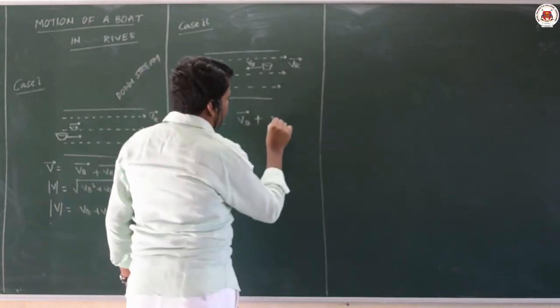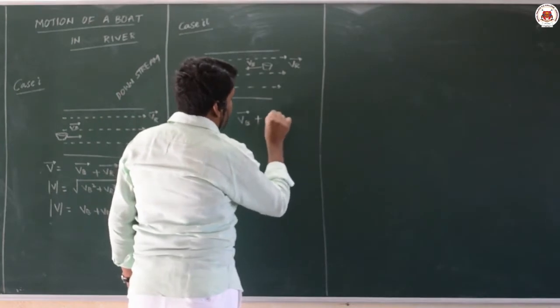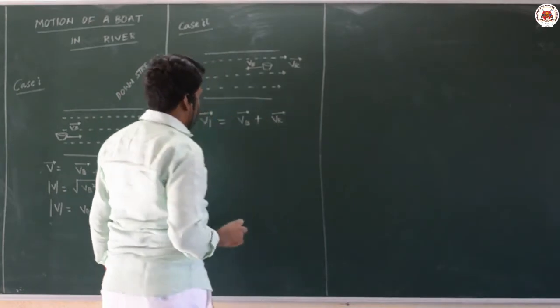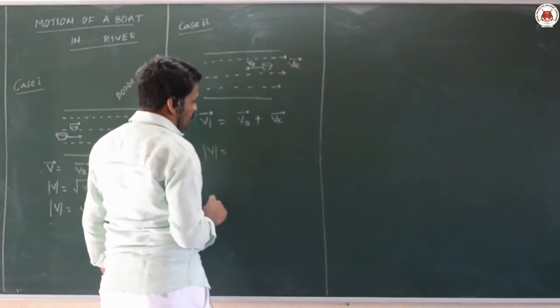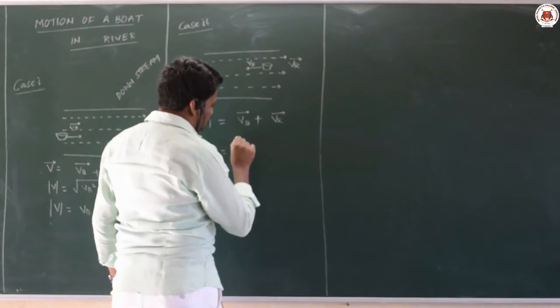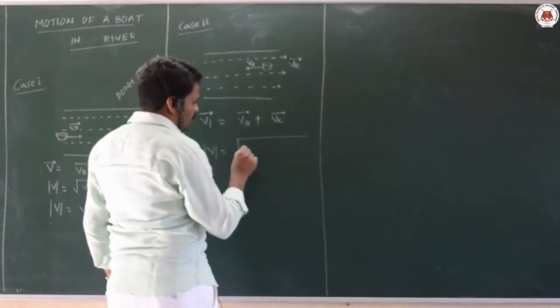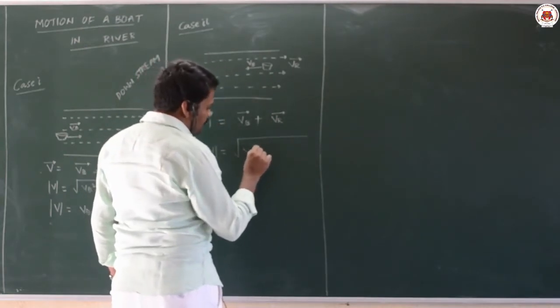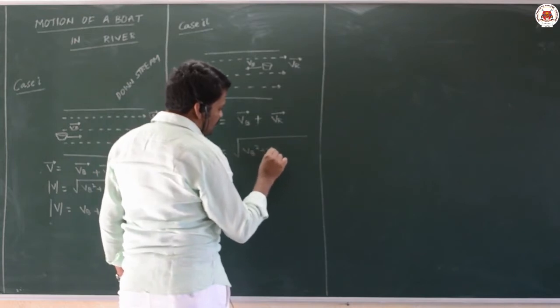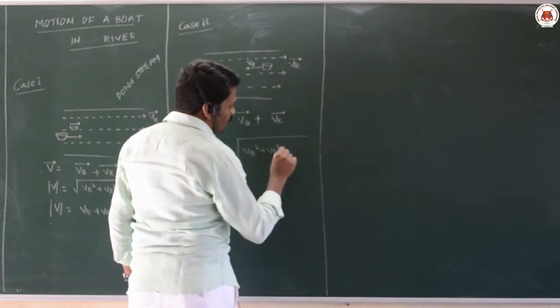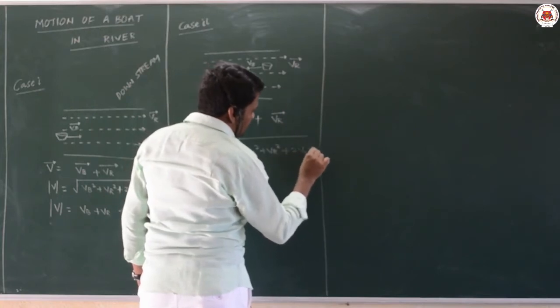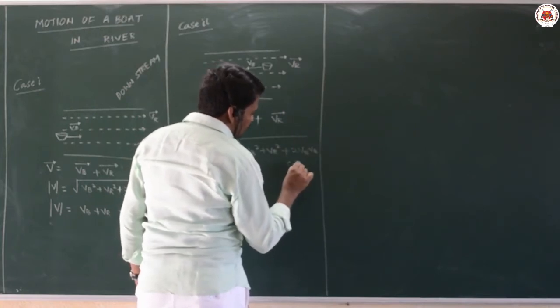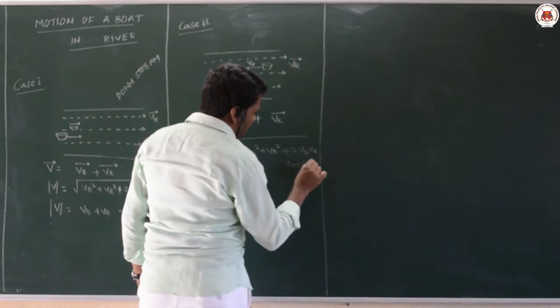Now, if you take magnitude, you will get root of Vb square plus Vr square plus 2 Vb Vr cos 180 degrees.